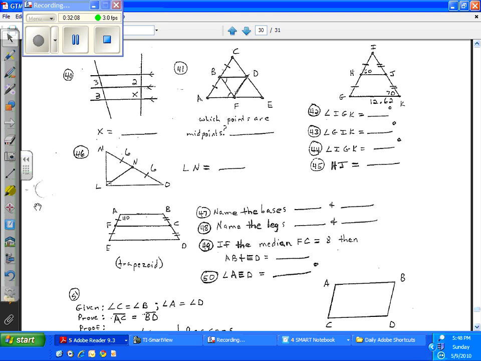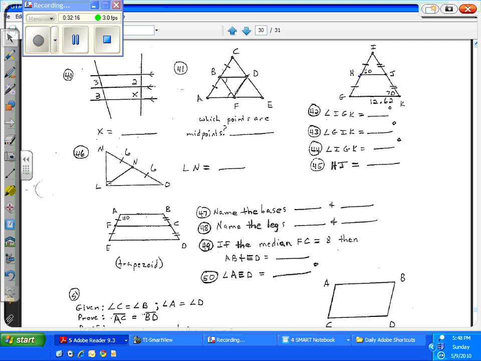All right, number 42, we're looking for some angle measures, and then we're going to be looking for the length of a side. This brings us to the next theorem, which says a segment that joins the midpoint of two sides of a triangle is parallel to the third side, and its length is half the length of the third side.